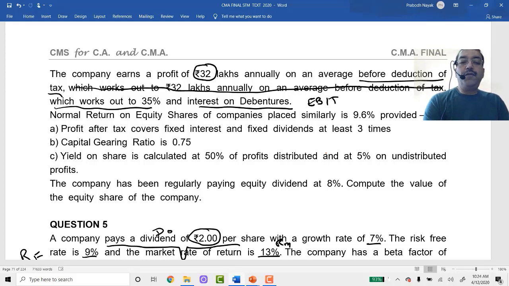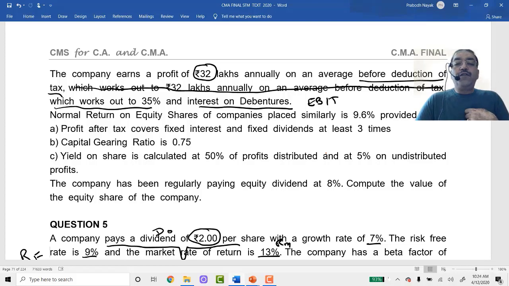This 32 lakhs is EBIT, on an average before deduction of tax and interest on debentures. Normal return on equity shares of similarly placed companies is 9.6%. On an average basis, all equity shareholders of similar companies are earning returns of 9.6%.